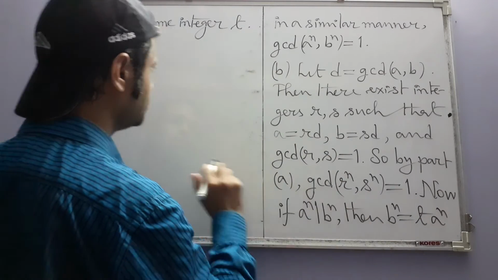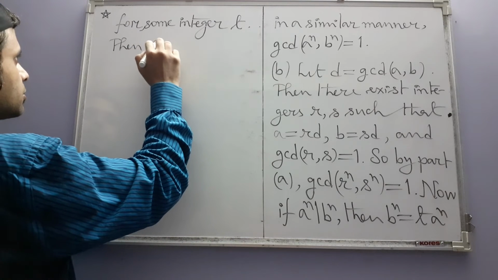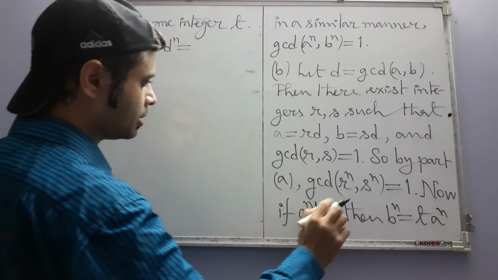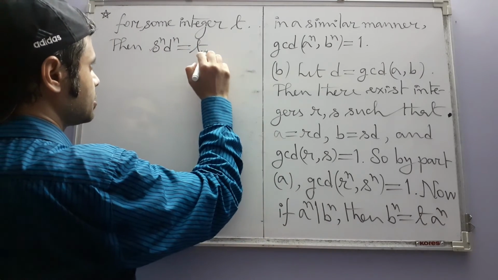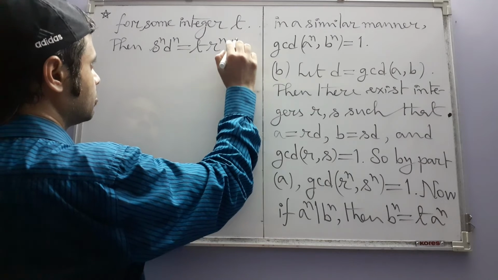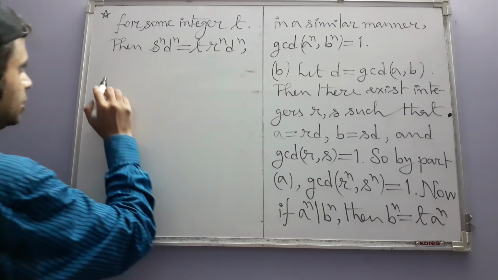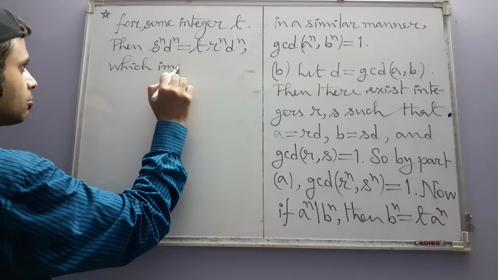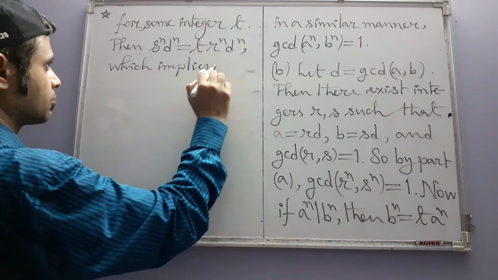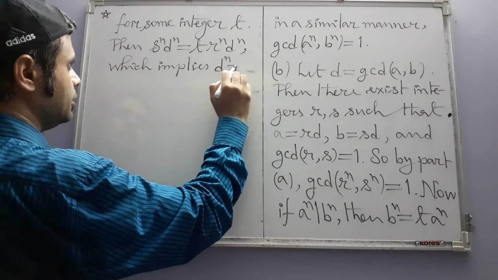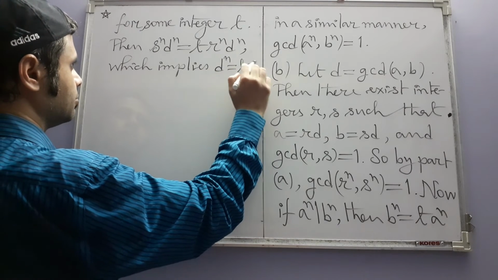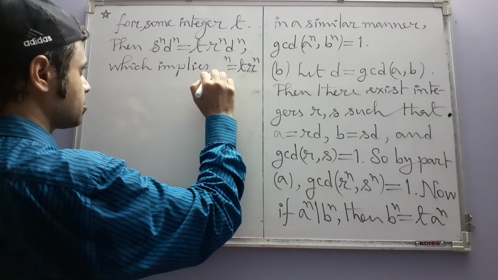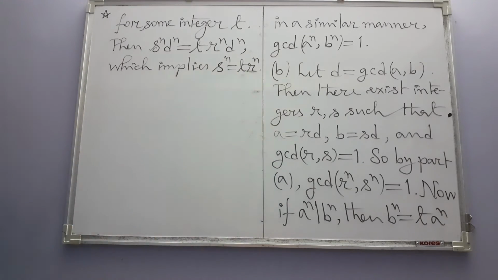So since B is SD, we get S to the power n times D to the power n equals T times A is RD, which implies S to the power n equals T times R to the power n.